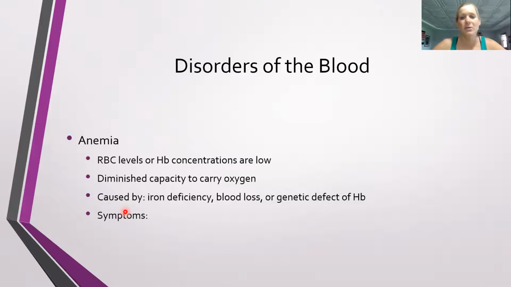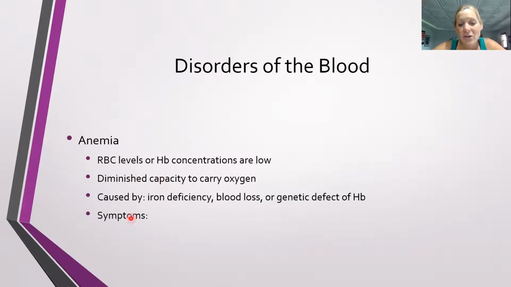So when we think about disorders of the blood, I chose a very common disorder to look at here. Anemia has to do with red blood cells or hemoglobin concentrations being low. And again, if I don't have enough hemoglobin or I don't have enough red blood cells, this causes me to have a diminished capacity to carry oxygen. Can be caused by a few different things.